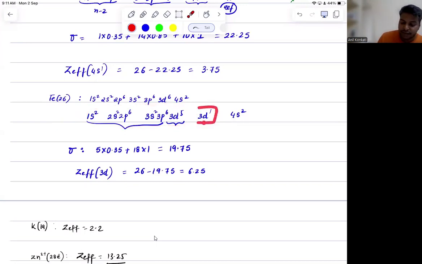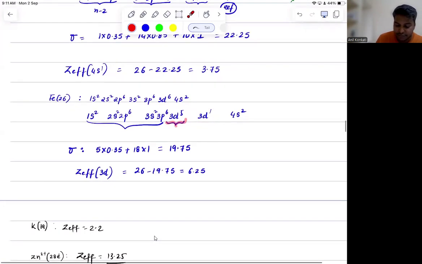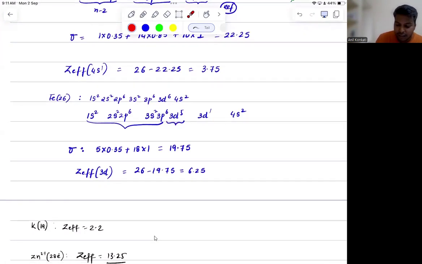So for the 3d electron, first we will have 5 3d electrons here. Now when it comes to d, there are a total of 6 electrons, and 3d behaves slightly differently. So all 5 electrons from d will have 0.35 contribution.